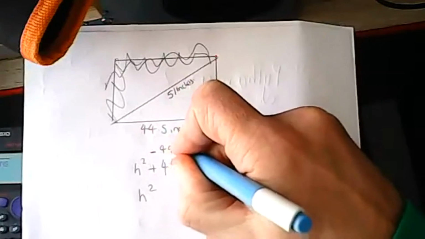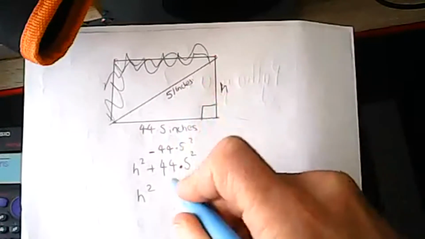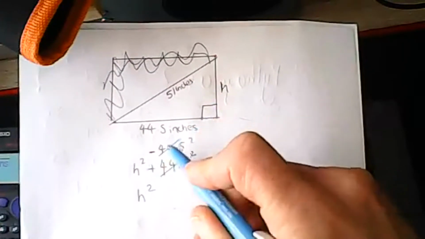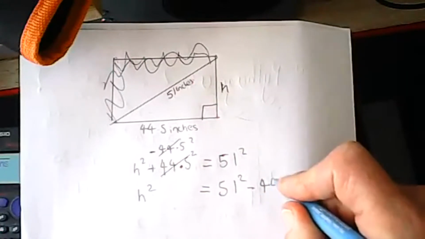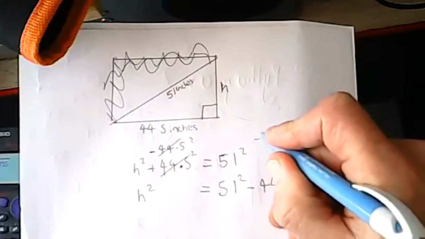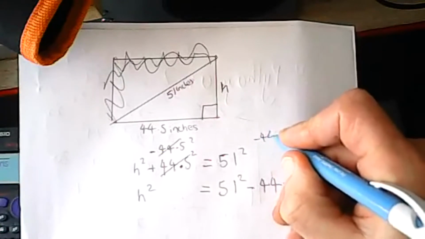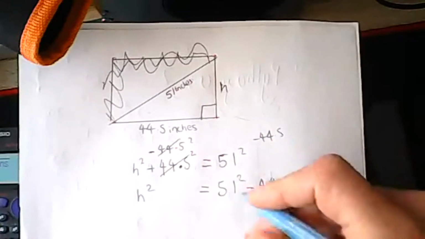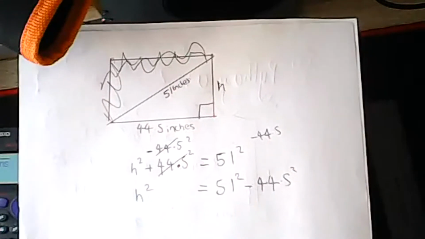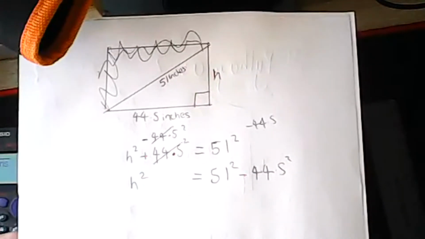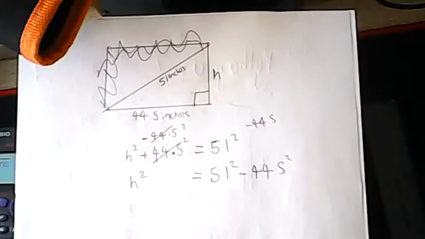Take away 44.5 squared on that side, so they eliminate each other. So I've got to do the same to the other side: take 44.5 squared. The important thing is you do the same thing to both sides. Why do I do that? I'm getting h on its own. Now we need some values.